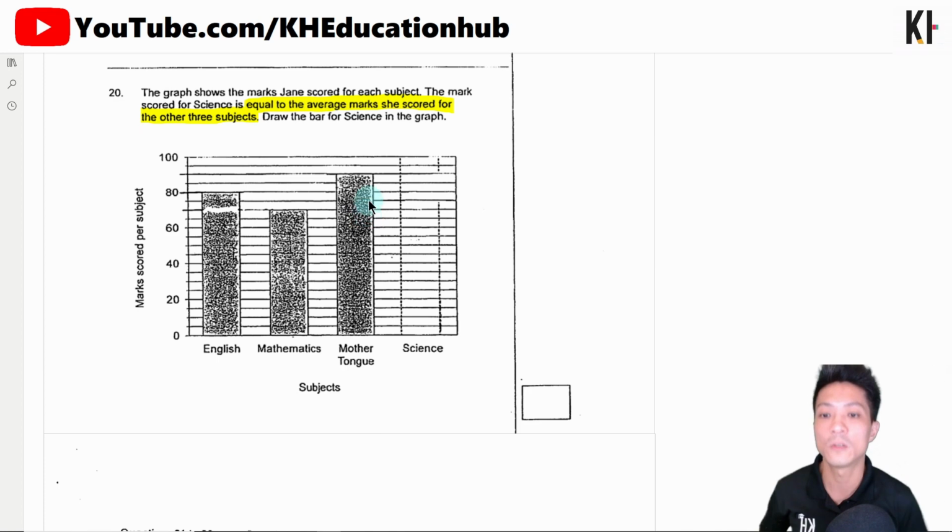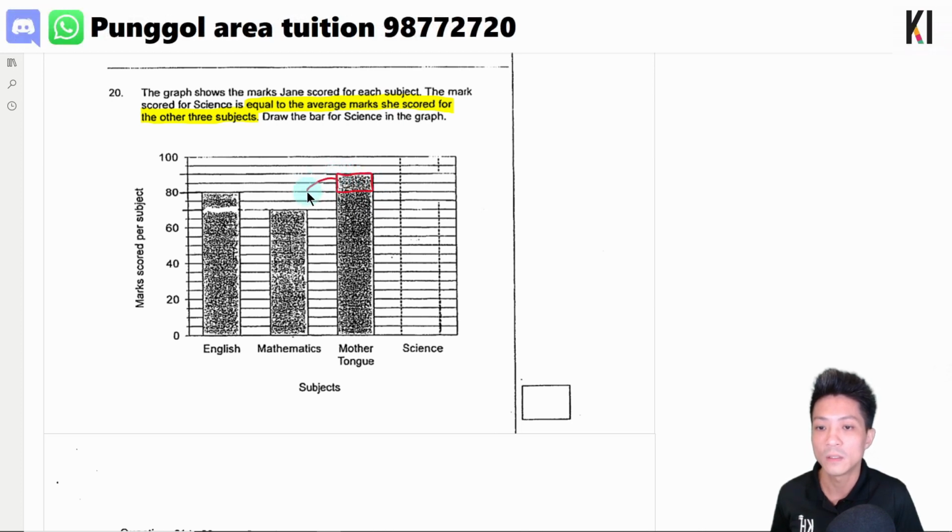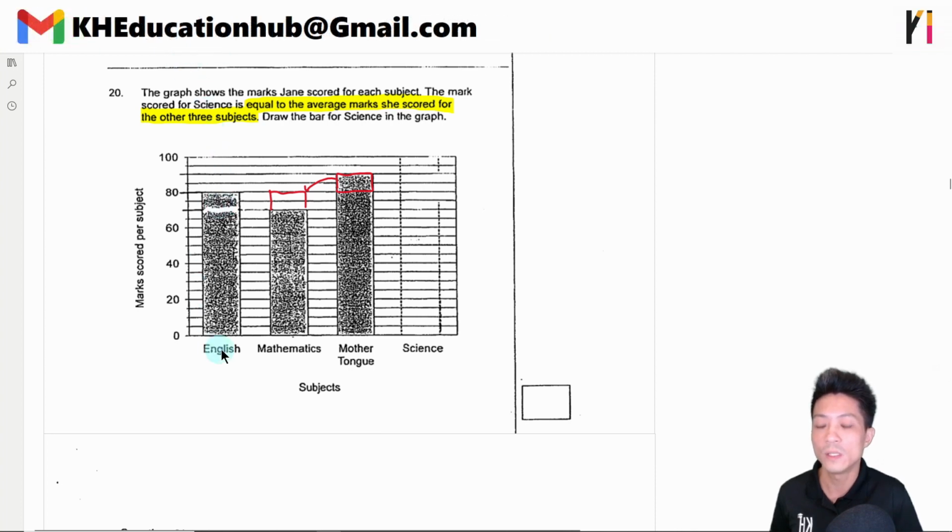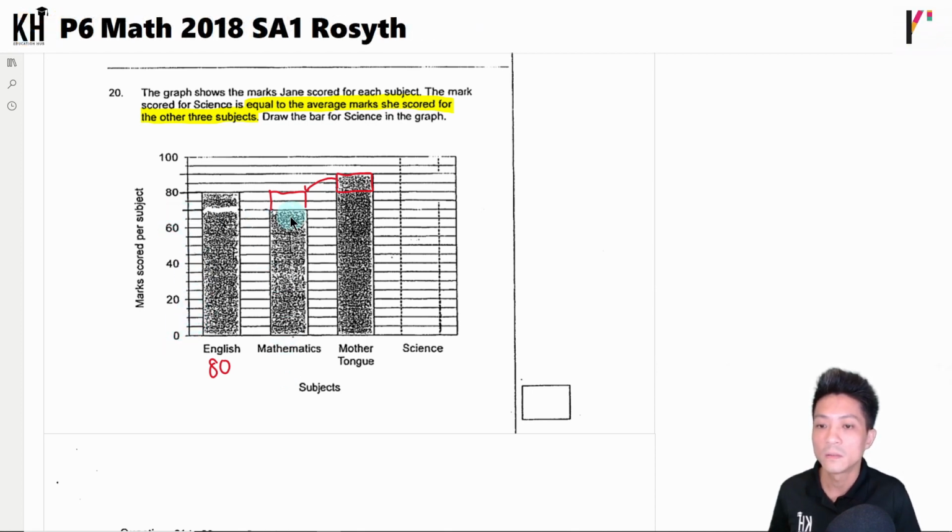But if you look closely in the graph, this part over here is 2 bars, right? You can actually fit it over here, and that will make everything the same. But not all questions can be done this way, so I'm gonna write down the marks. English is 80. Mathematics will be 70. Mother tongue is 90.